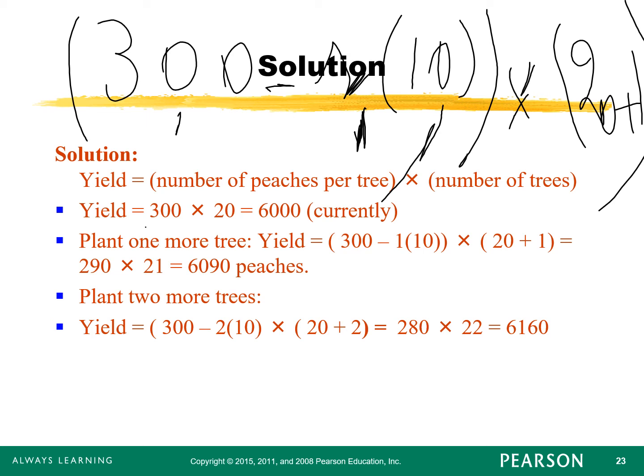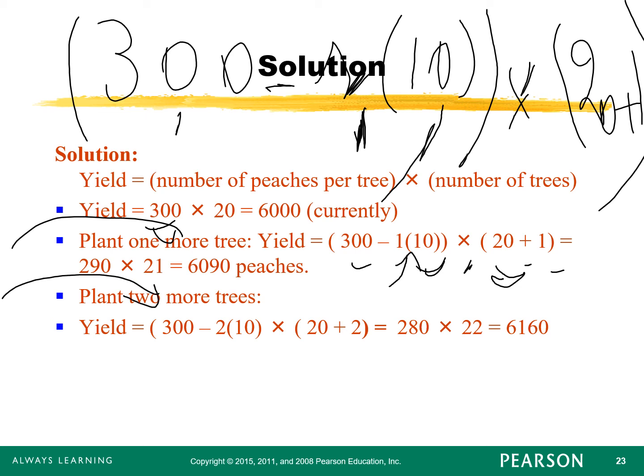So this is the general form of our equation: 300 minus 10 per tree. We said for each tree we will have minus 10 peaches, and multiply it by the number of trees, which is 20 plus 1 because we add one more tree. This is when we plant one more tree. Now imagine that we plant 2 more trees.